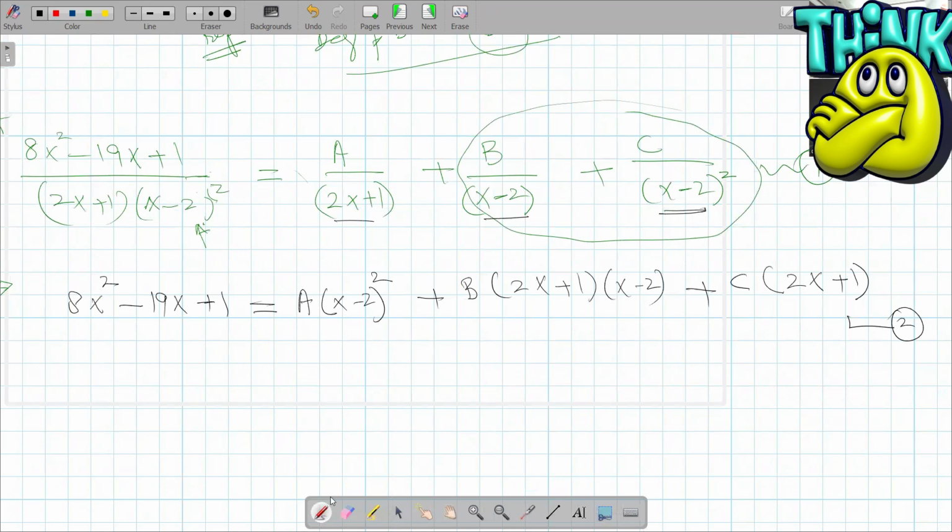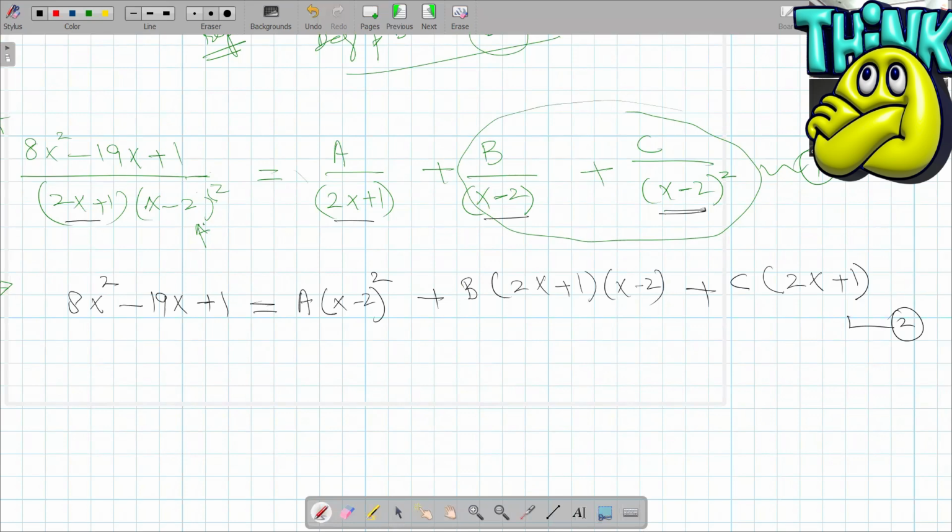Now you need to find a and b. Remember that you can put the value of x as many times as the number of linear factors you have. If we have two linear factors, you can put the value of x two times, right? If we have three linear factors, then we can put the value of x three times.